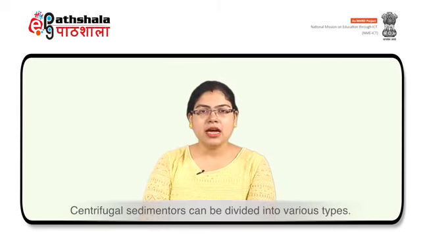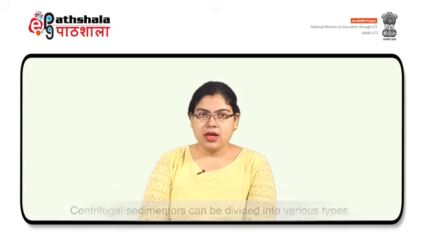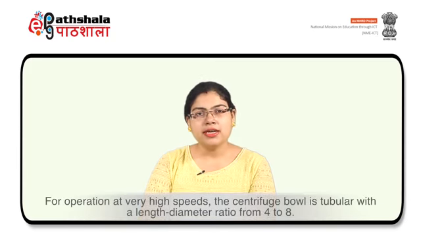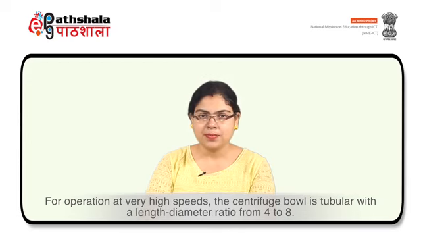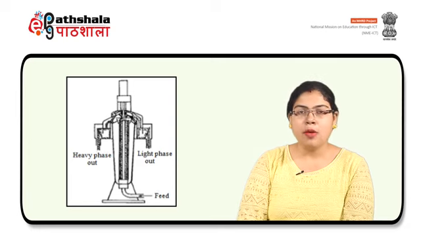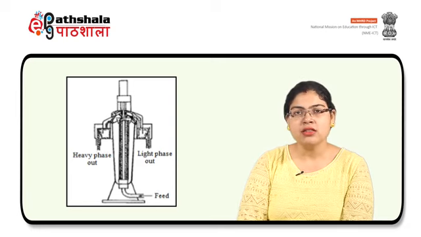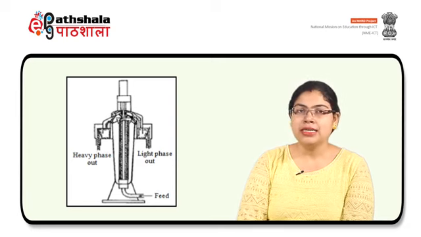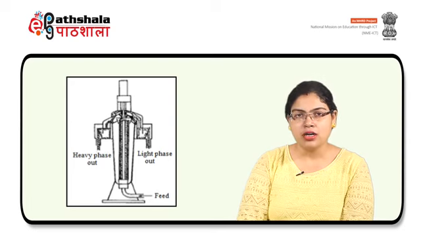Centrifugal sedimenters can be divided into various types. For operation at a very high speed, the centrifuge bowl is tubular with a length-diameter ratio from 4 to 8. An example of a tubular bowl centrifuge is the Sharples supercentrifuge, as shown on the screen, which operates at up to 15,000 rpm, or in a turbine-driven laboratory model up to 50,000 rpm.